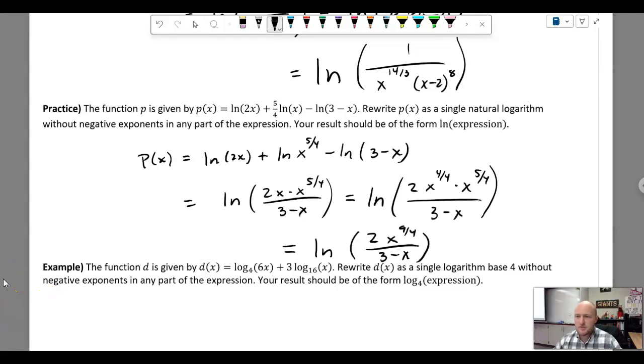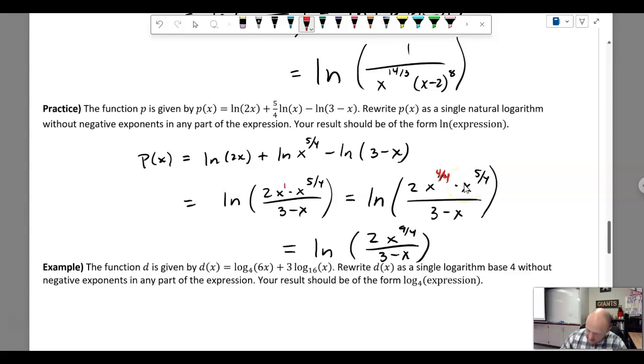Okay, this one was a fun one, pretty straightforward. Maybe you're like, hey, this is really easy, but there was a slight curveball in the fact that after using the power rule first, the 5/4 to move it up, this x here does have an exponent of 1, and I want to combine it with this 5/4. So I'm going to change that x to the first into x to the power of 4/4.